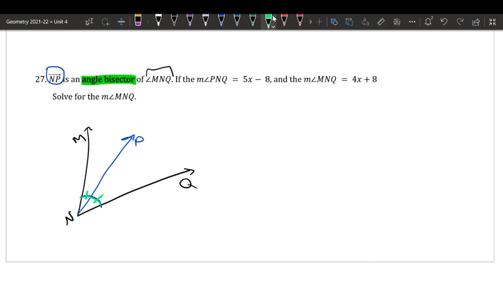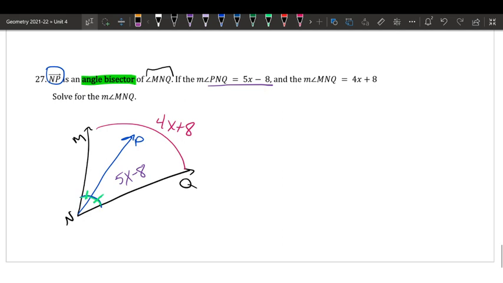Okay, then it says if the measure of PNQ is 5x minus 8. PNQ, 5x minus 8. And then it tells me that the measure of MNQ is the entire thing. That is 4x plus 8. Solve for MNQ.